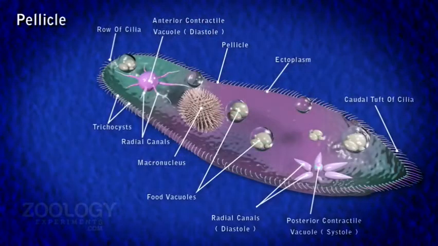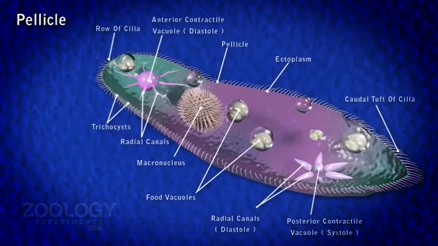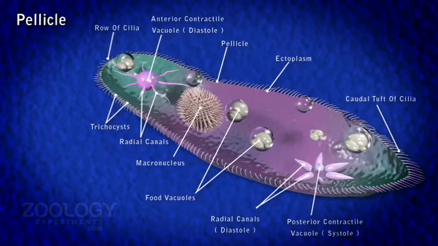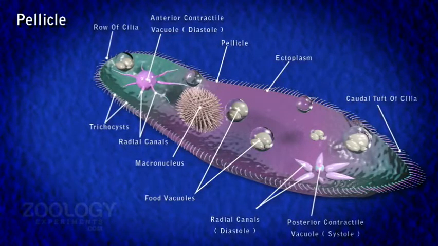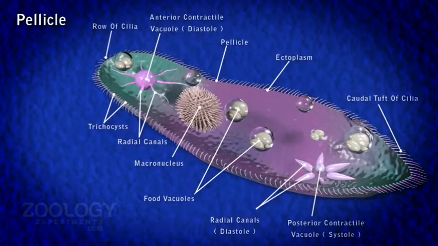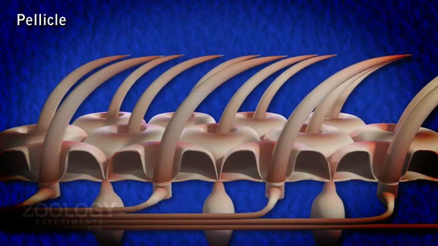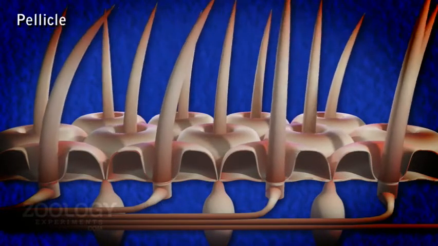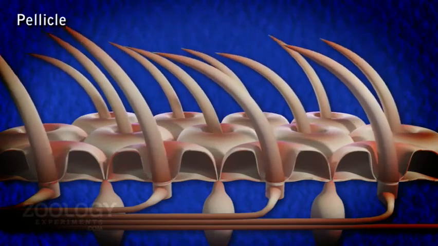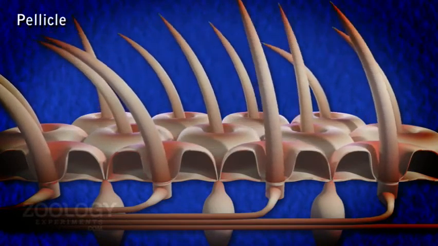Pellicle. The external envelope of the body is a living, clear, firm and elastic cuticular membrane called the pellicle. Under the light microscope, the pellicle appears to be a regular series of polygonal or hexagonal depressions with their raised rims.